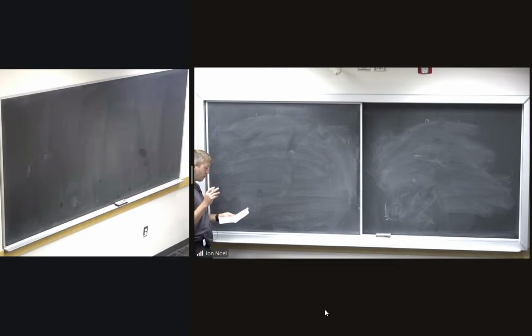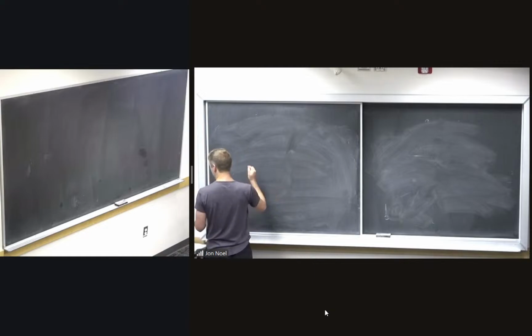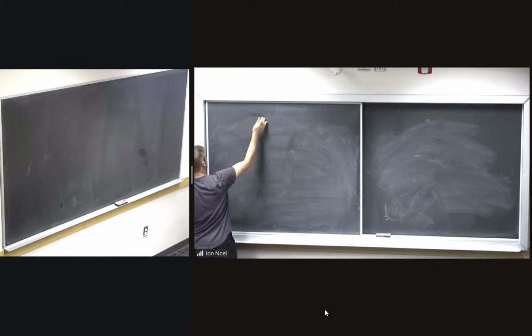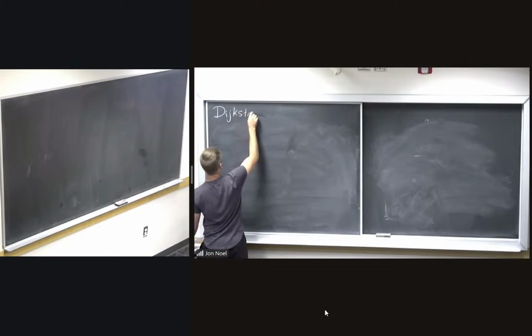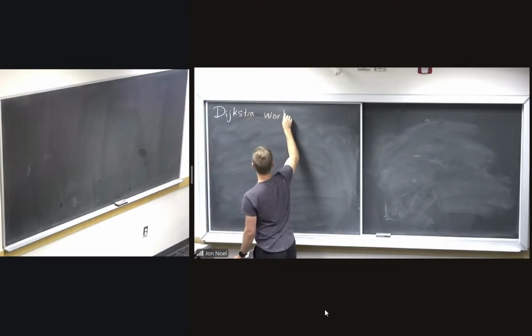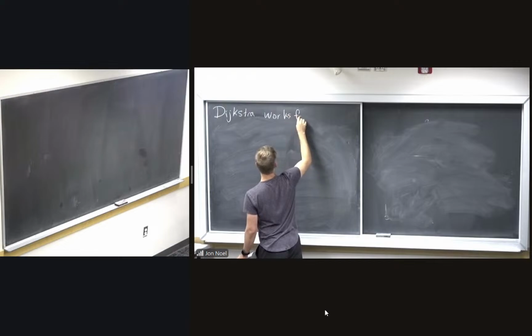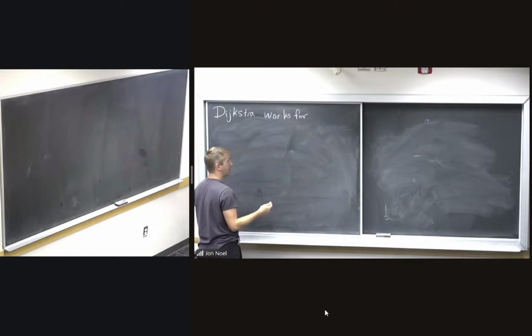Actually, before I do that, maybe a few more comments about the shortest path problem. Last time, when we introduced Dijkstra's algorithm, I mentioned that it works for non-negative length functions.